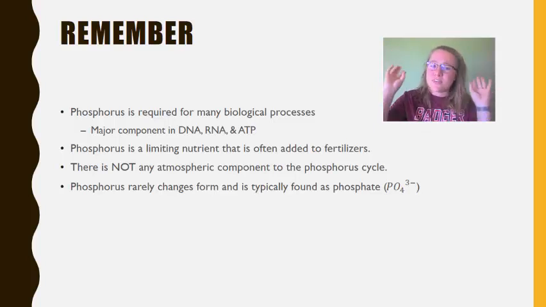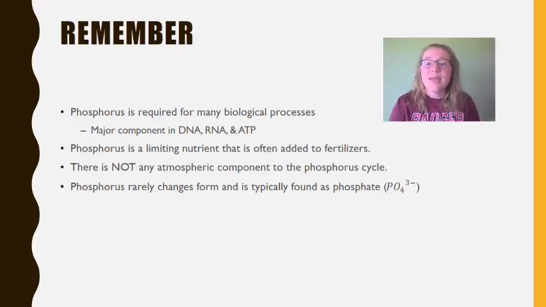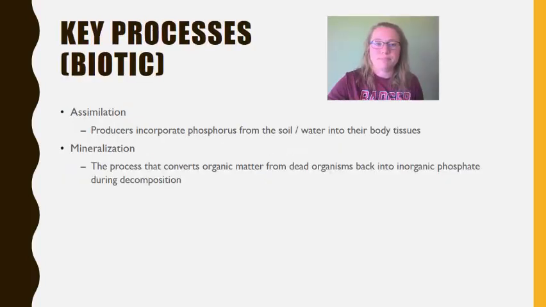If there's no atmosphere, that means it's the phosphorus cycle. Also, keep in mind that this is a super slow process, and phosphorus actually very rarely changes form, and typically it's found as a phosphate, PO4 3-.